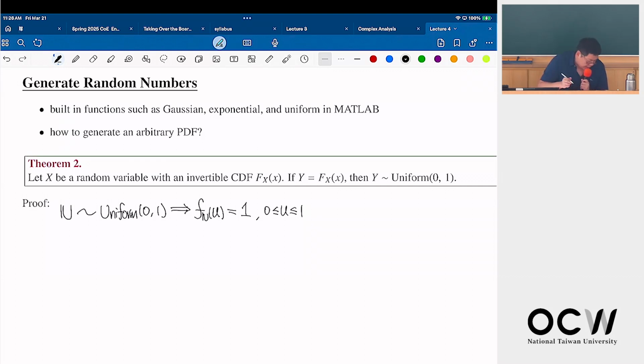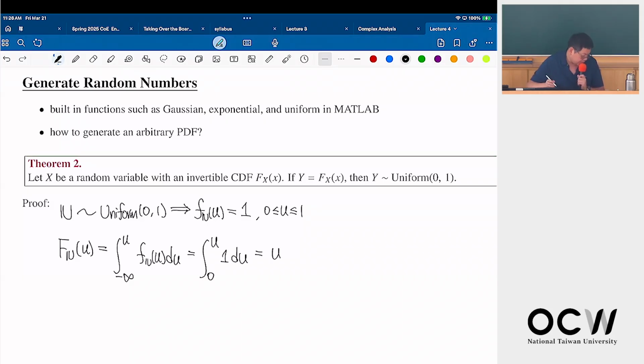And then the CDF of this random variable, let's take a look. The CDF is the integration of your PDF from minus infinity to the point u. Okay, so for the uniform random variable, the CDF is u. And again, u is between 0 and 1.